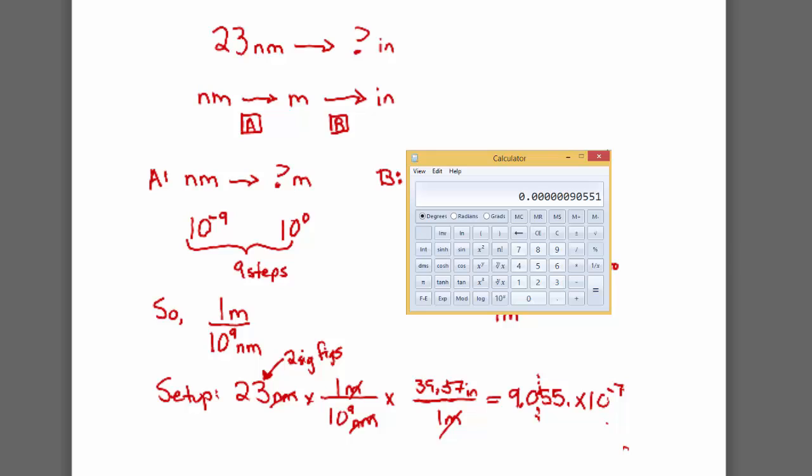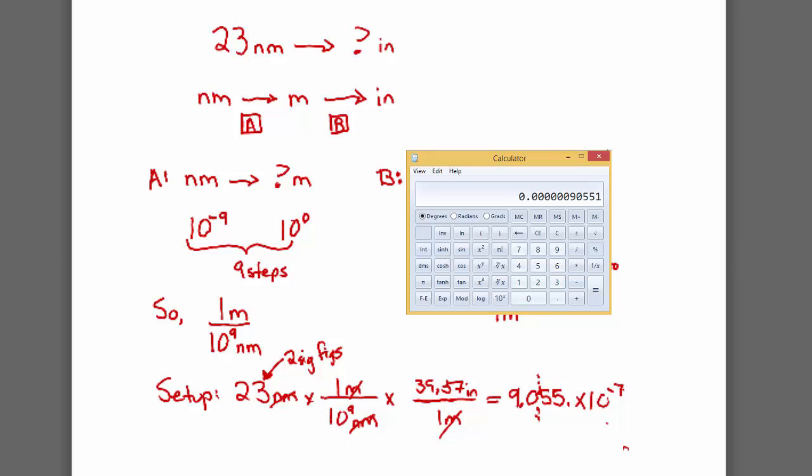The number that is not 1 is the measured value of the conversion. 39.37 is a measured value. Someone had to measure that. It has 4 sig figs according to my rules for multiplication.